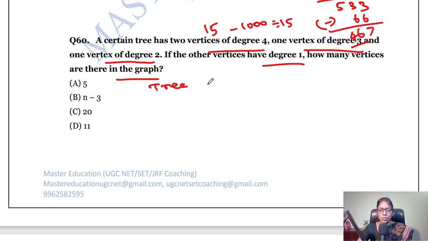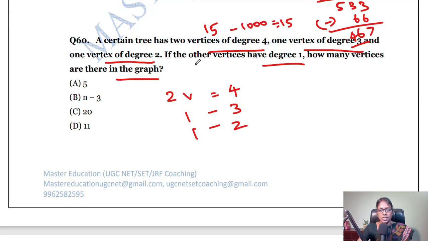A tree must contain edges equal to the number of nodes minus 1, because in a tree there should not be a cycle. So 2 vertices have degree 4, 1 vertex has degree 3, and 1 vertex has degree 2.